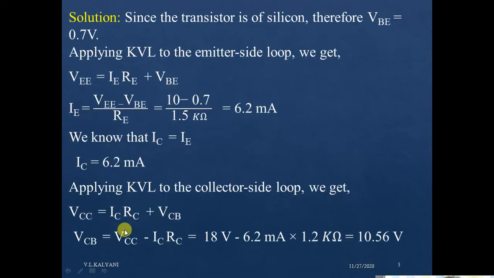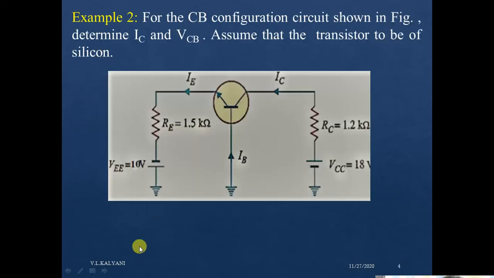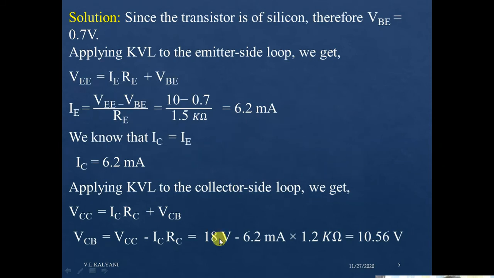Now put the values. VCB is equal to VCC minus IC into RC. VCC is already given, 18 volt. So put this VCC value: 18 volt minus IC into RC. This IC, the collector current, we have already calculated. This is 6.2 milliampere.